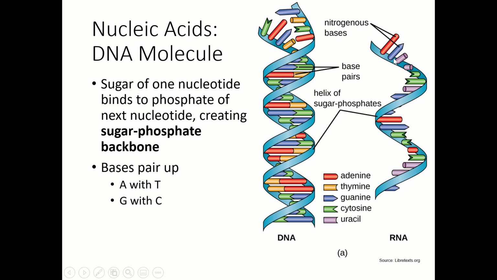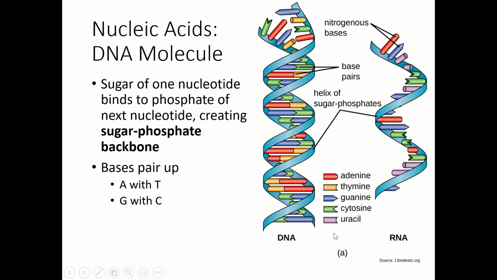Now in the RNA molecule, we only have one strand of bases because it's single-stranded. But RNA can actually bind to DNA, and when it does, it's going to bind in the same predictable way. So this one has an adenine as its first base. The first thing that it could bind with on this strand of DNA would be this thymine. So the thymine is going to bind with adenine.